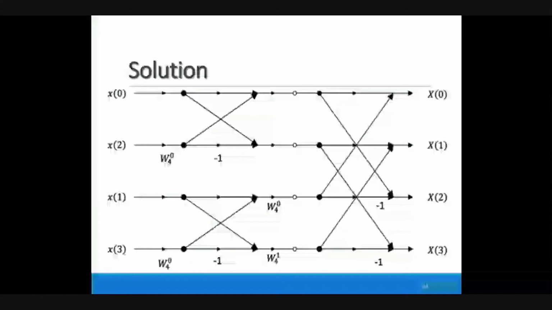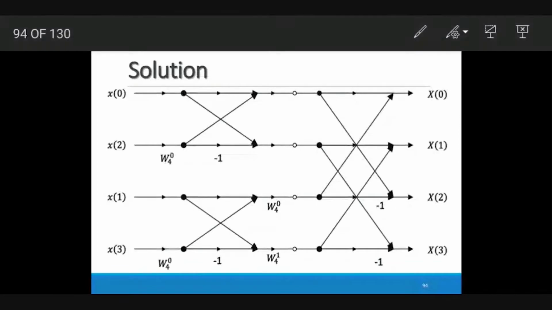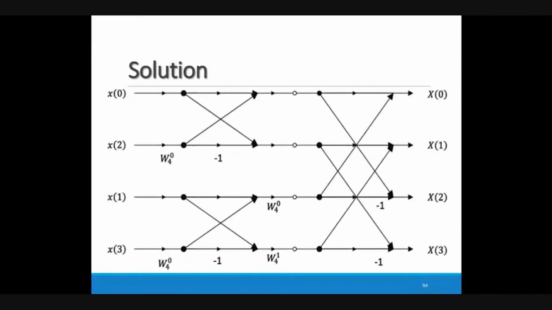Now I am writing the values of x of n, which in the previous slide was 1, 2, 3, 4. So what is the value of x of 0 that we have to apply over here? x of 0 is equal to 1, the value of x of 2 is 3, the value of x of 1 is equal to 2, and the value of x of 3 is equal to 4.